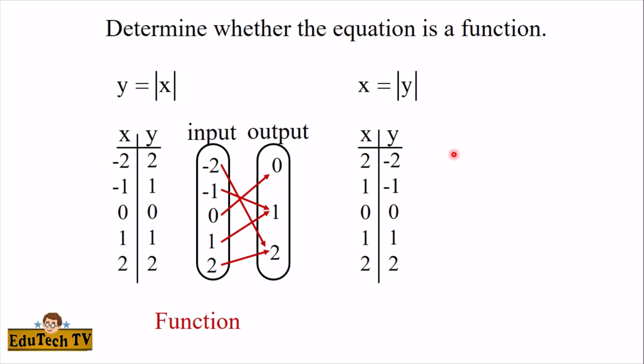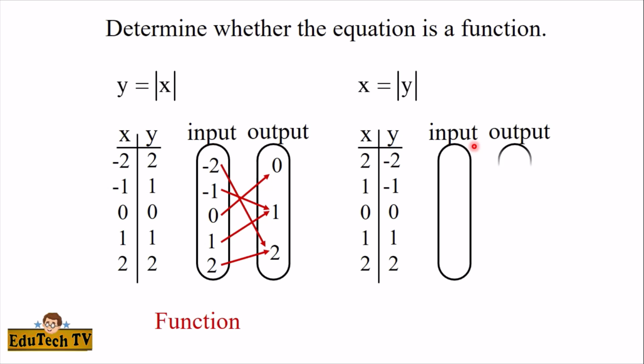Now let's have an input and output. Okay? And then dun sa input natin, meron lang tayong 3 numbers, 2, 0, and 1. Next, ang output natin, okay, 5 numbers. We have negative 2, negative 1, 0, 1, and 2. Then connect. We have 0, 0.